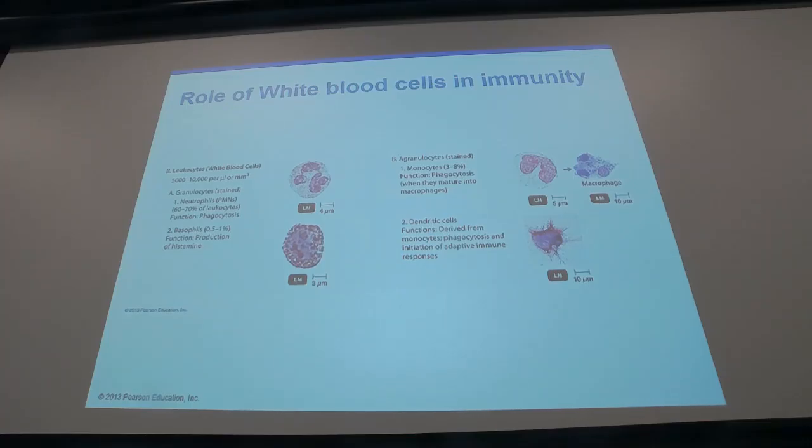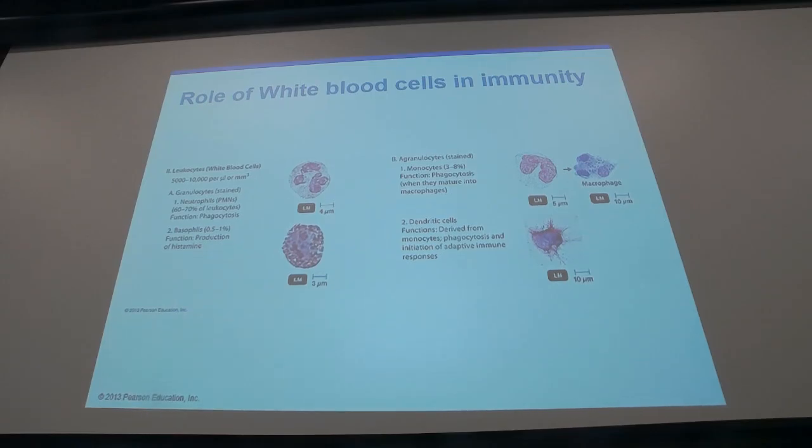They are the precursor of macrophages. This is the largest white blood cell there is, and it has a kind of horseshoe-shaped nucleus, as you can see here. And when it is found in blood, it is called a monocyte. But when it exits the circulatory system, it's going to enlarge more, and it's going to be a macrophage.